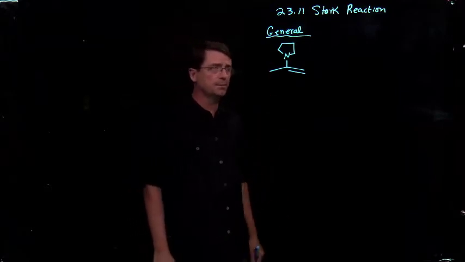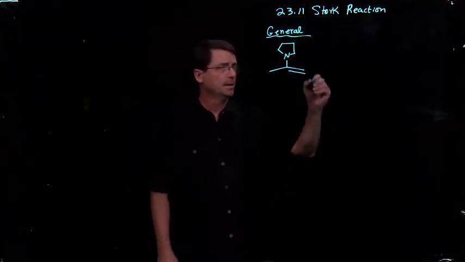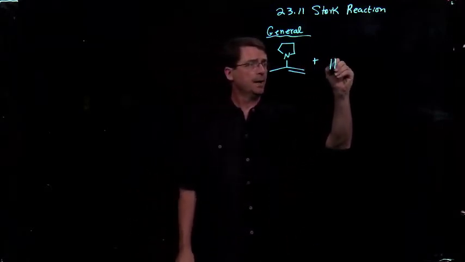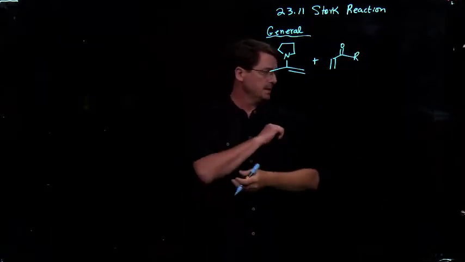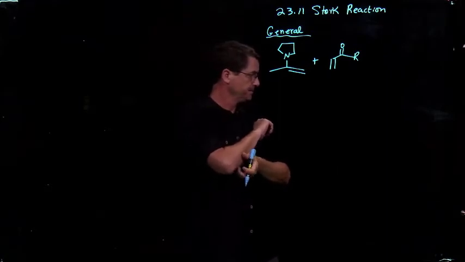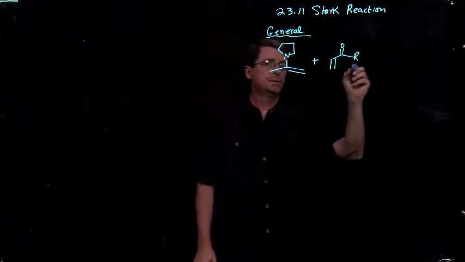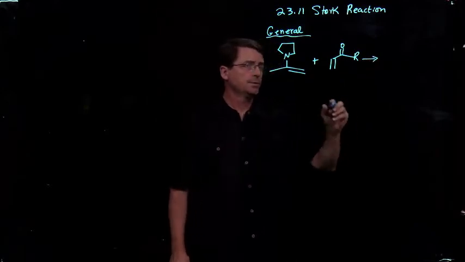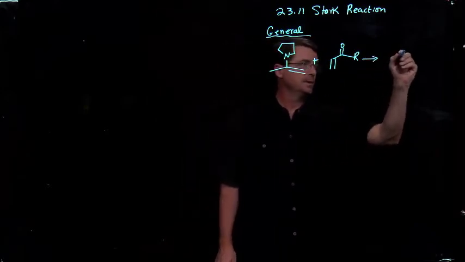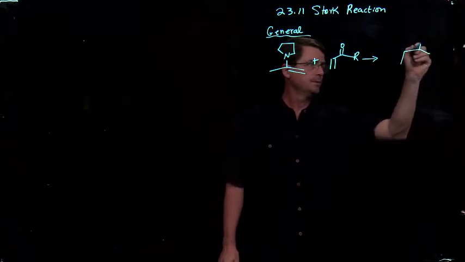We've already covered enamine formation, so I'm not going to deal with that. He found that these would react with particularly aldehydes and ketones, the better electrophiles, to produce the Michael type addition to these.